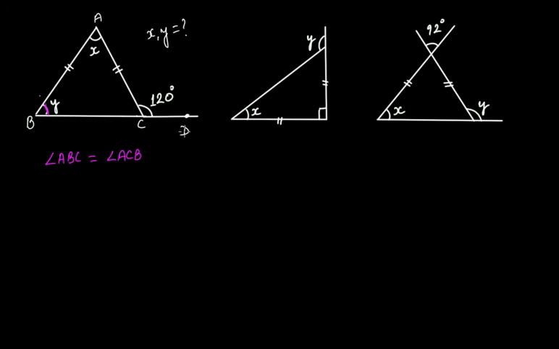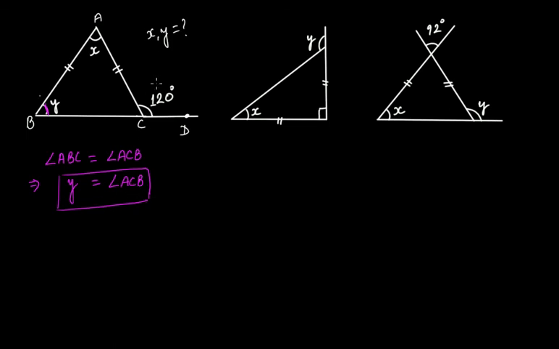That's really very important. So angle ABC is equal to angle ACB. It means that since ABC is equal to y, therefore angle ACB is also equal to y. Okay.